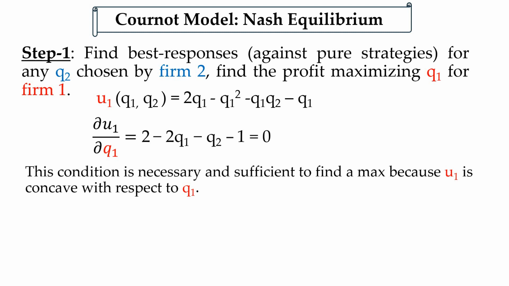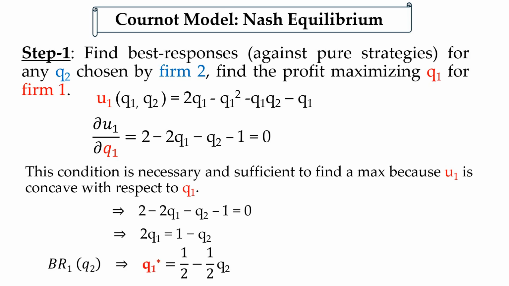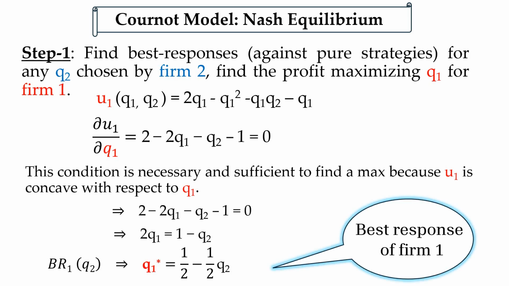This condition is necessary and also sufficient to find a maximum because U1 is concave with respect to Q1. Therefore, by solving for Q1, we get the best response of firm 1 given Q2, and this is the best response of firm 1.